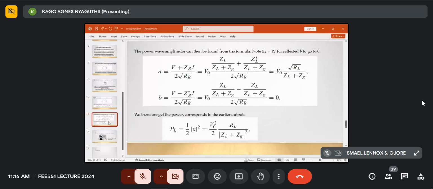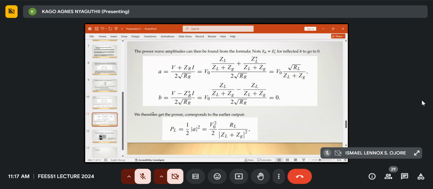So when using now the power waves formula, here we set the reference voltage to the conjugate of the load voltage, so that the reflected wave goes to zero. Substituting the previous values we had gotten for V and for I, and also for ZR, the reference impedance conjugate, you get A as shown, and B tends to zero.